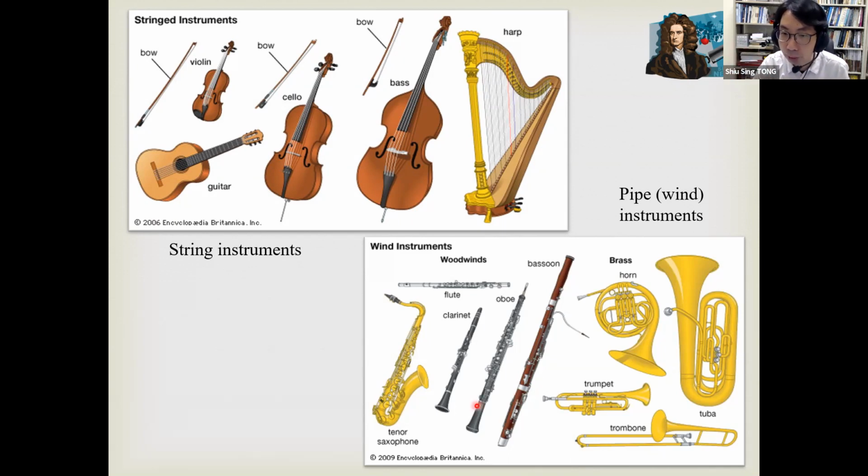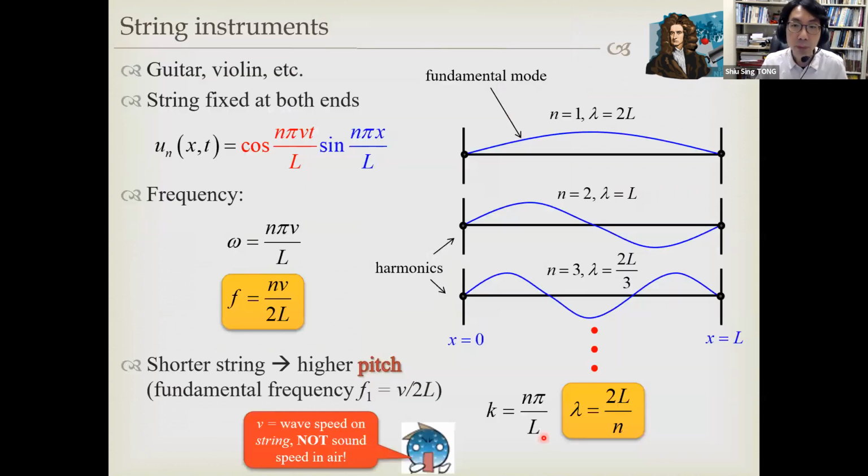Okay, so we are going to study the pipe instrument. We have already discussed a bit about the string, and now we are going to study the pipe. Now the string instrument is the following. We already derived it before, and in terms of n, this is a string clamped at both ends, and so these are the normal modes, the standing waves that exist on the string.